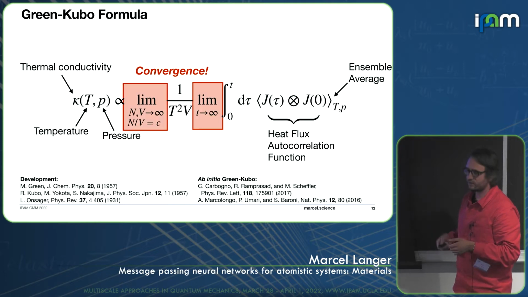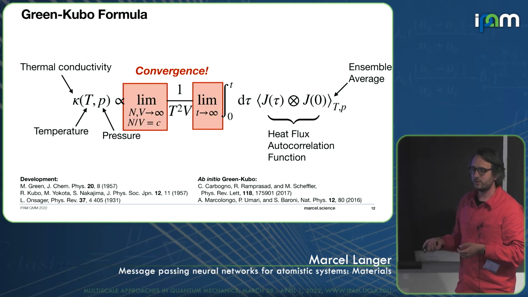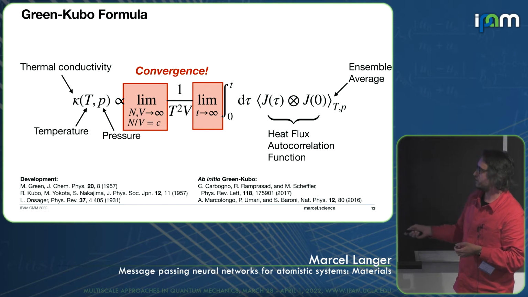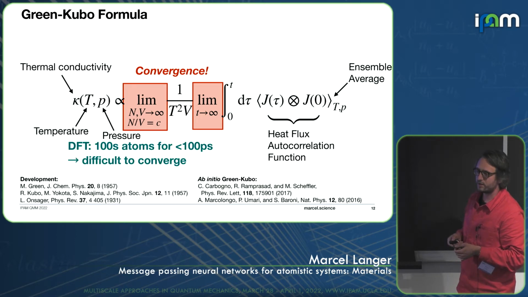And these limits are, of course, the actual problem if you want to do it in practice, because you need to go to large systems and you need to do it for a long time to collect enough information to converge your results. And this is something that is rather painful to do with ab initio calculations, where you can maybe do a few hundred atoms for a few tens of picoseconds, and you are rather far away from these limits.